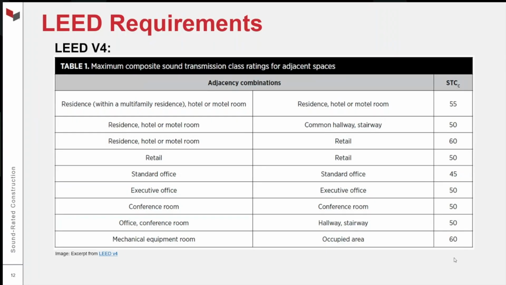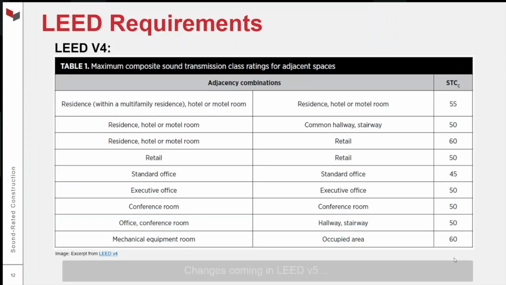This table is an excerpt from LEED v4. I will mention there are changes coming to LEED v5. That's a different story altogether. I believe this table is going away in LEED v5. Doesn't mean this isn't valid and valuable. Obviously, a lot of architects have not yet adopted LEED v5, so LEED v4 and v4.1 are still active.